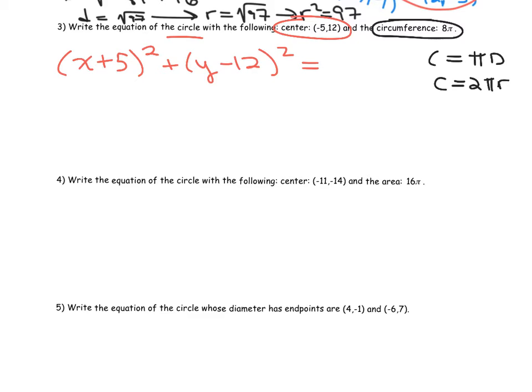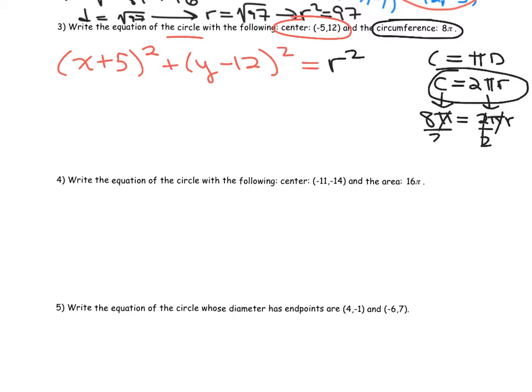Now, which of these is probably going to be more helpful if I want the radius squared? Probably going to use this one here. It doesn't make a difference, though. You'll still get the same answer in the end. Radius is half the diameter, okay? So if I know the circumference is 8 pi, and I know the equation is 2 pi r, I just plug in. Well, I have a pi on both sides, so that goes away.